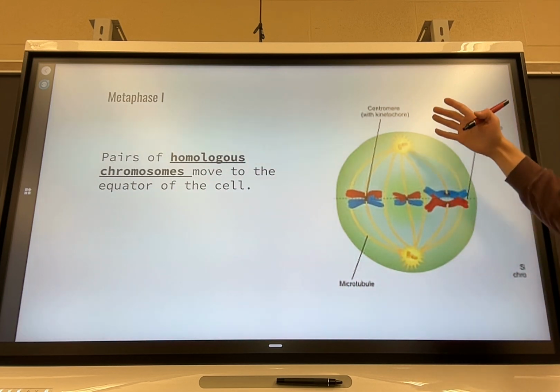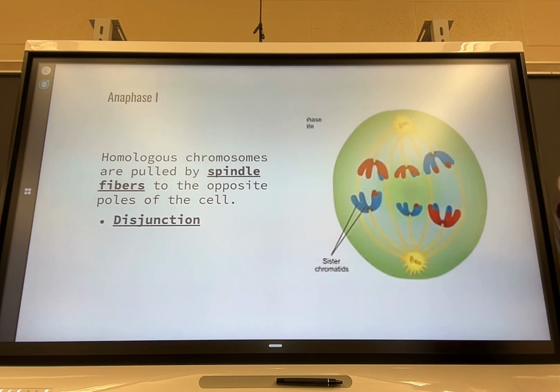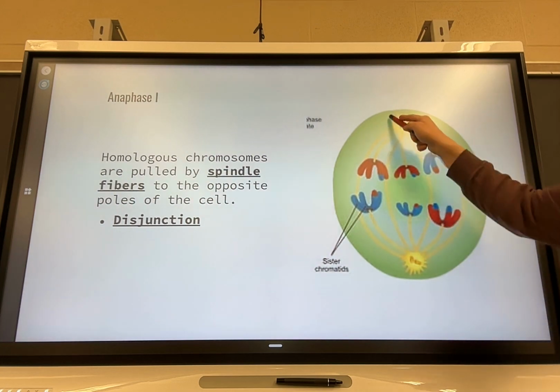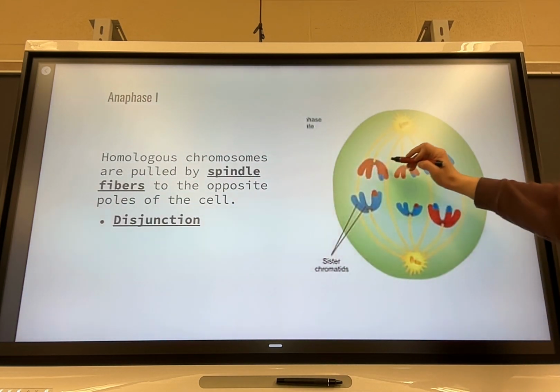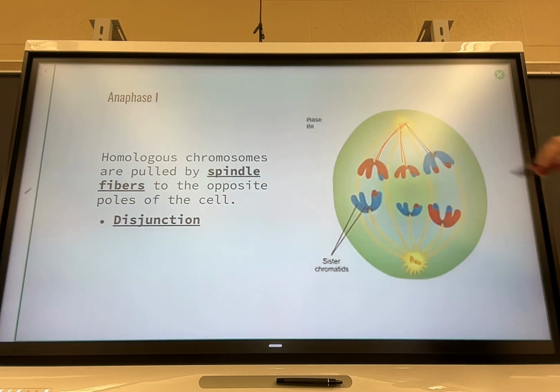This is going to be followed by anaphase 1. In anaphase 1, very similarly to what we saw in mitosis, the chromosomes are being pulled apart by the centrosome. So you can see the spindle fibers here are connected to each of our chromosomes.